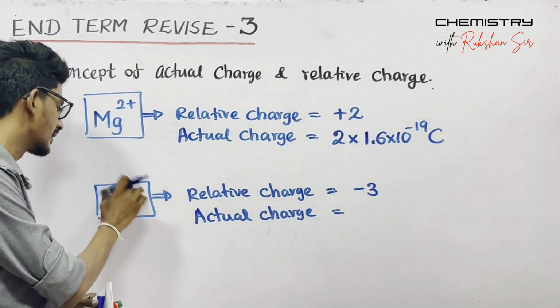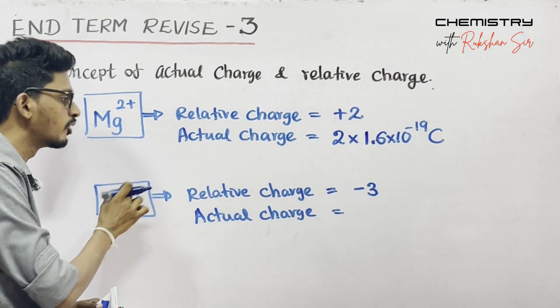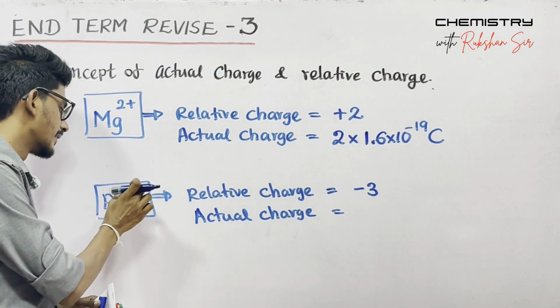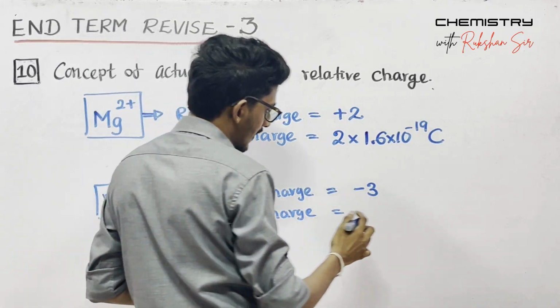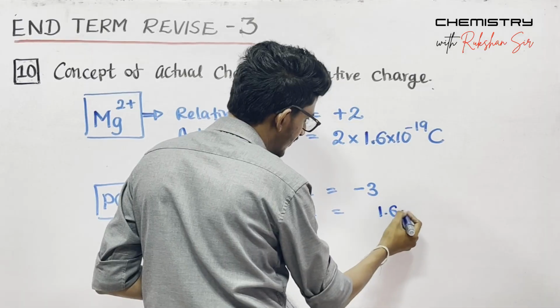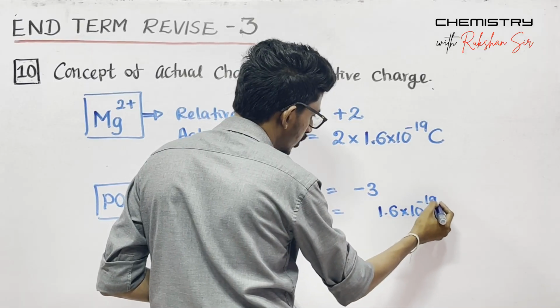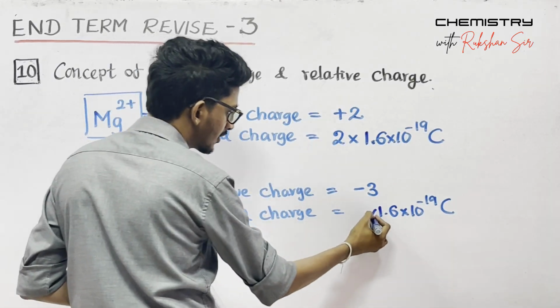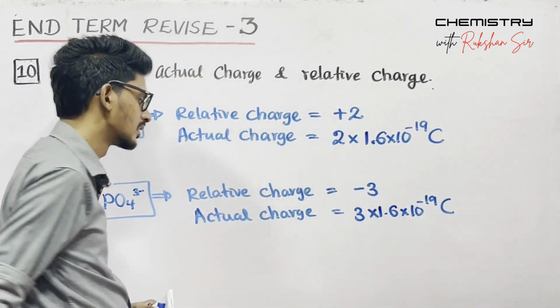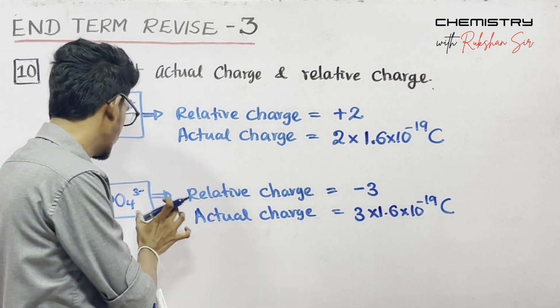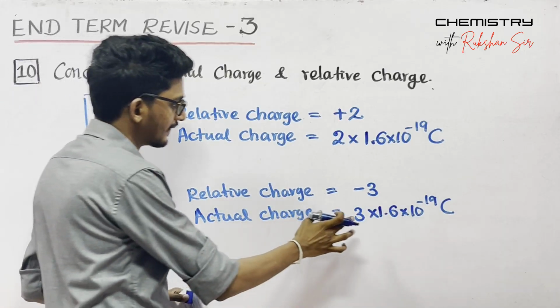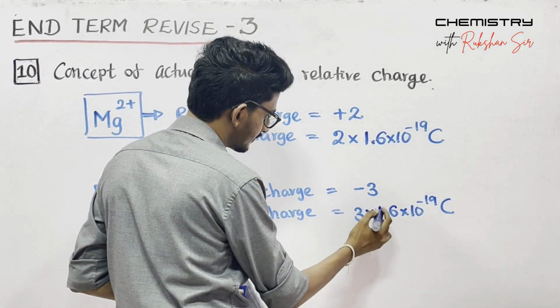That is why the 3 minus appears. One electron carries 1.6 into the power minus 19 coulombs, and 3 such electrons are there. So the actual charge of PO4 3 minus is this number.